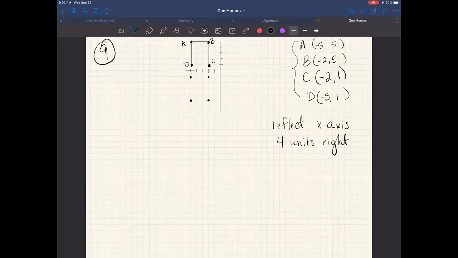So now 1, 2, 3, 4. I'm going to change the color. 1, 2, 3, 4. So this is actually my final transformation. It doesn't look very good the way I did it, but we get the point.